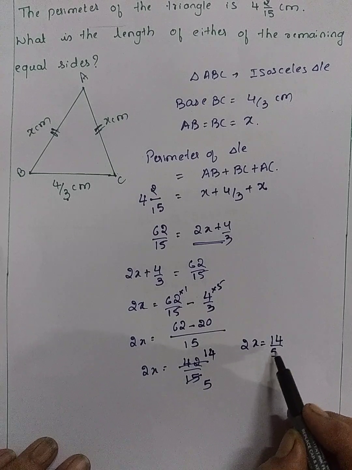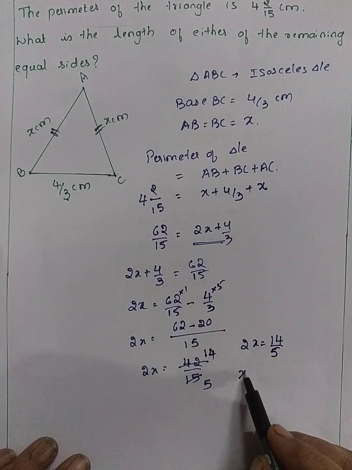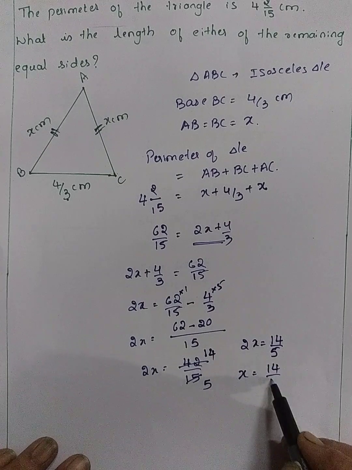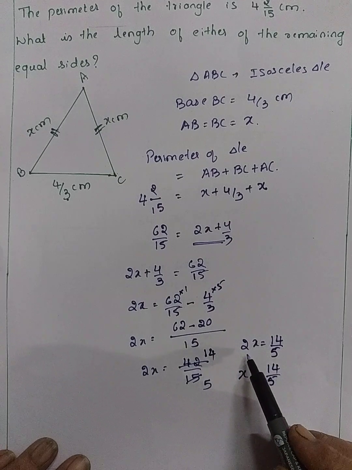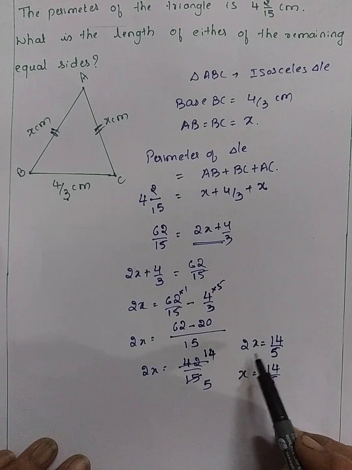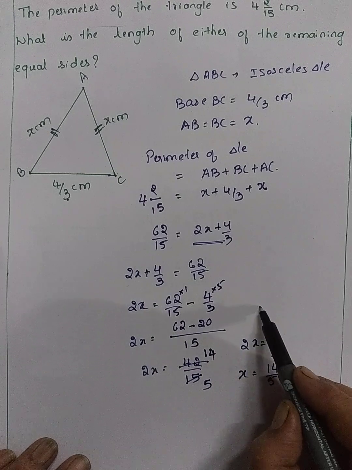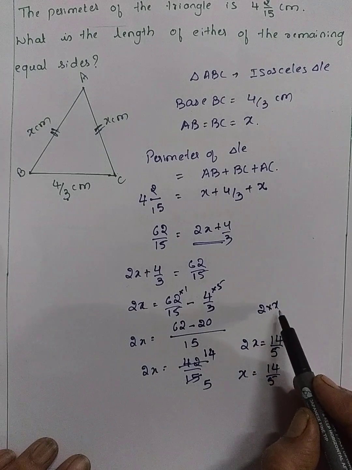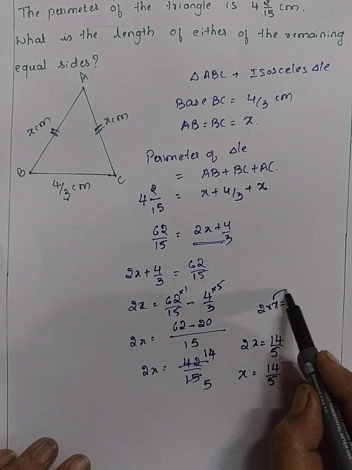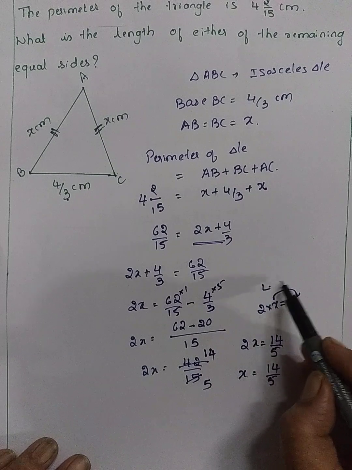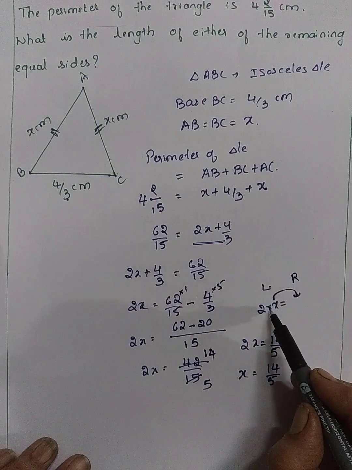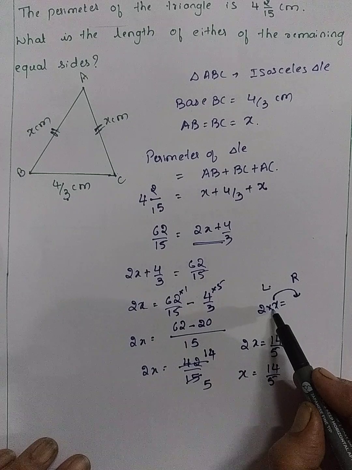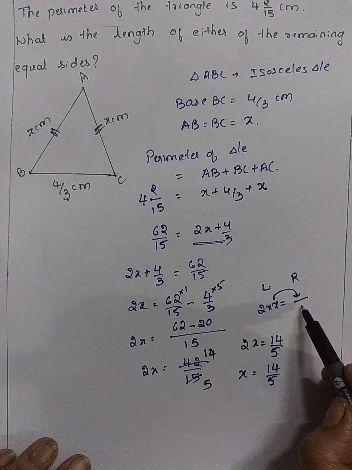2x equal to 14 by 5. Now what is the coefficient of x? 2. Where to transfer? 2x is 2 into x. So when it comes from the LHS to the RHS, this is multiplication, so when it comes to the RHS, it will be divided.